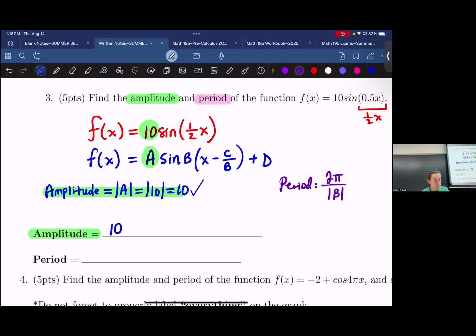And we know our b because there is no c value, so there's no horizontal phase shift going on. But our b value then is just 1/2. If there was a horizontal phase shift, we would have to factor out that b. So what color? I used pink. We could mention our c equals 0.